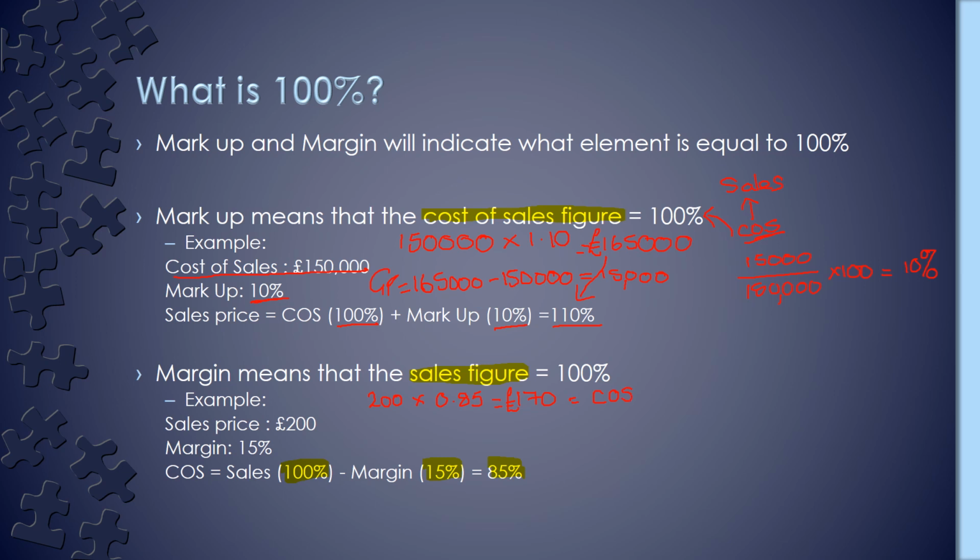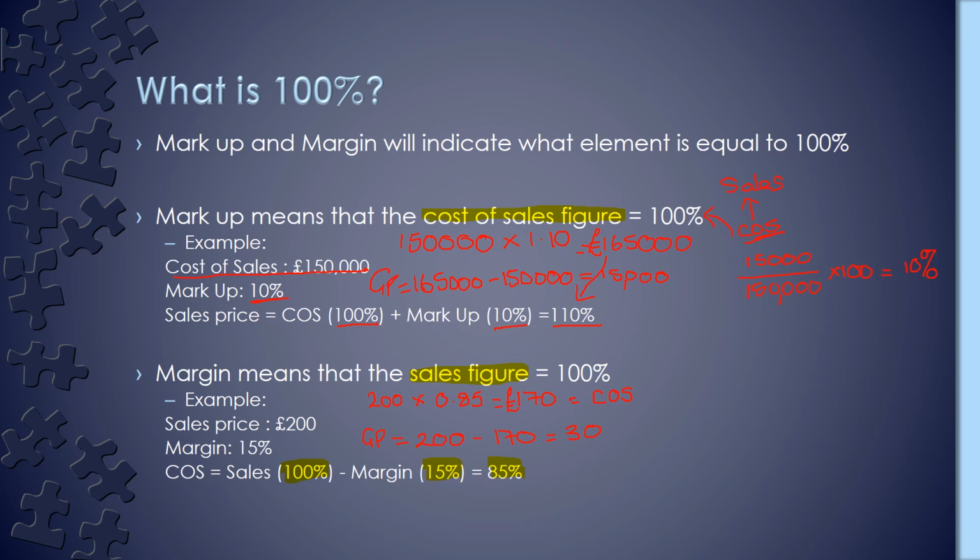So then we need to prove what we've just done. We can prove that by saying if we know what our sales price is and we know what our cost of sales price is, then we can work out what our gross profit is. So our gross profit will equal 200 minus 170, which equals 30.